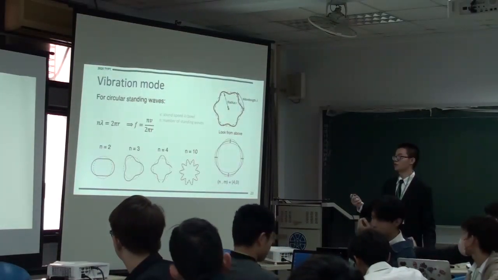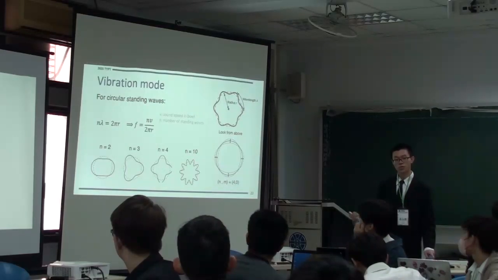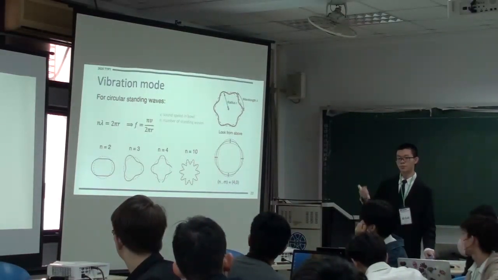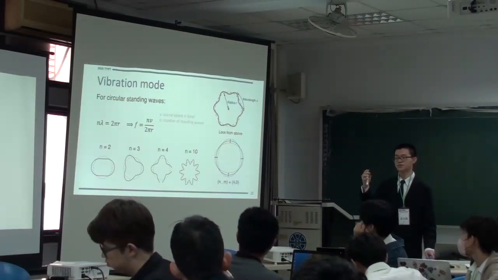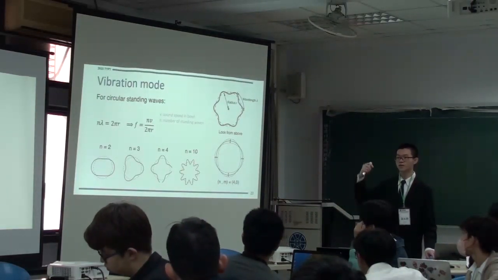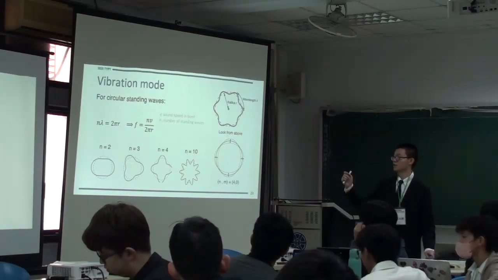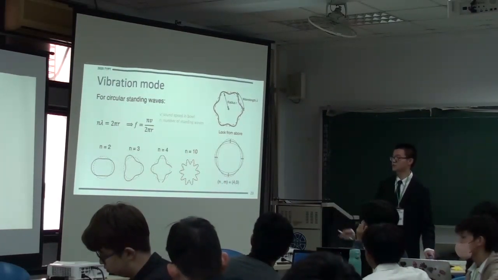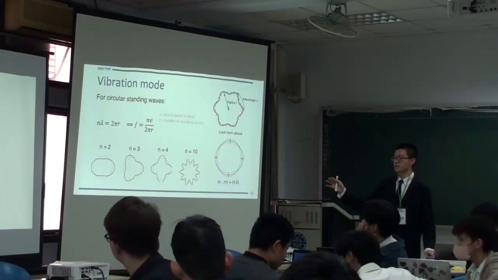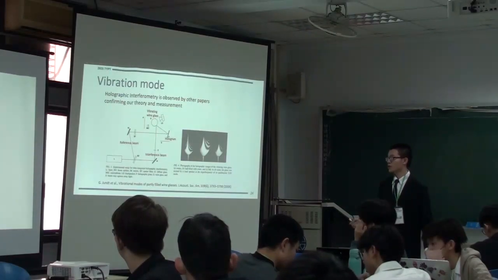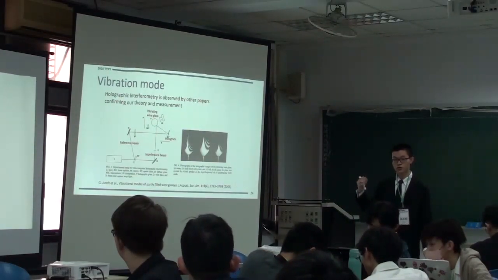In our theory, to compare the vibration mode to the frequency, I assume that I strike the side of the ball, and the ring of the ball will have a standing wave. So the standing wave appearance can be seen at the side. And how do we know the vibration mode?